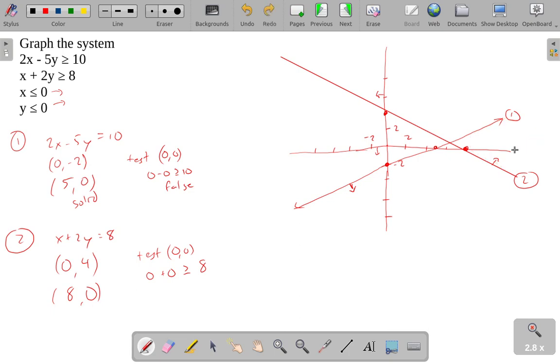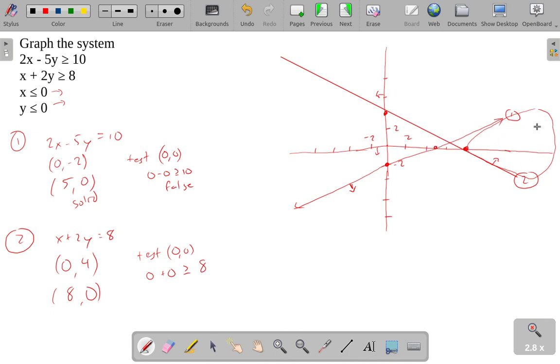one approach that you can take when you're figuring out which region should be shaded is to take it iteratively. Starting off with region 1, all of this stuff satisfies region 1. But then I'm going to cut along here and only keep the stuff that satisfies region 2, so that gives me this stuff here. Alright, well, the line x is less than or equal to 0 is over here.